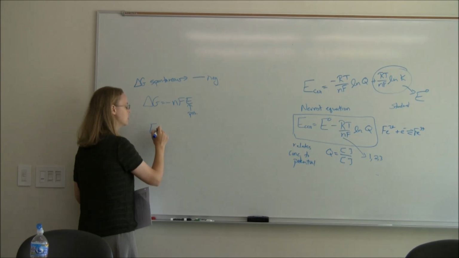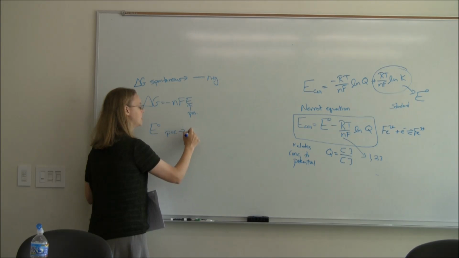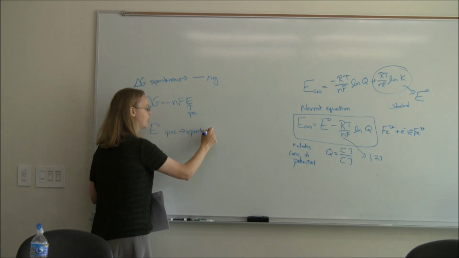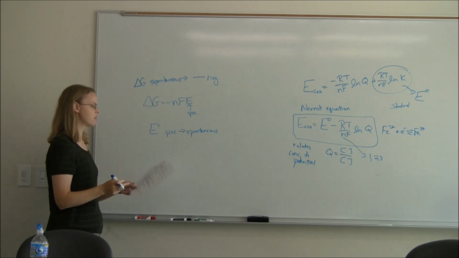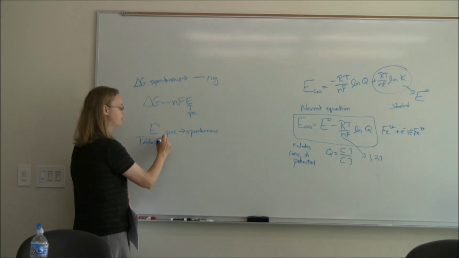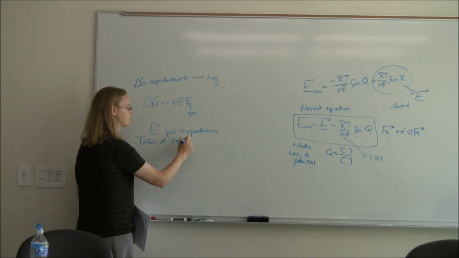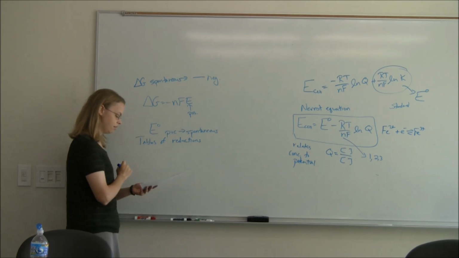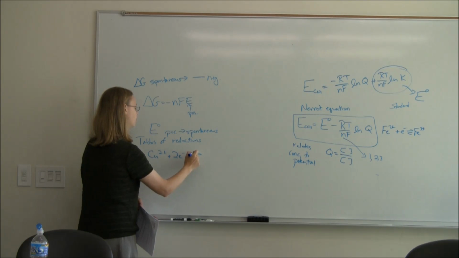So if E or E0 is positive, that's going to be a spontaneous reaction. So that's going to go spontaneously. It turns out that you can find tables in a textbook, and they almost always list them as reductions. It'll give you something like, this is the reactions we looked at before for the first example.